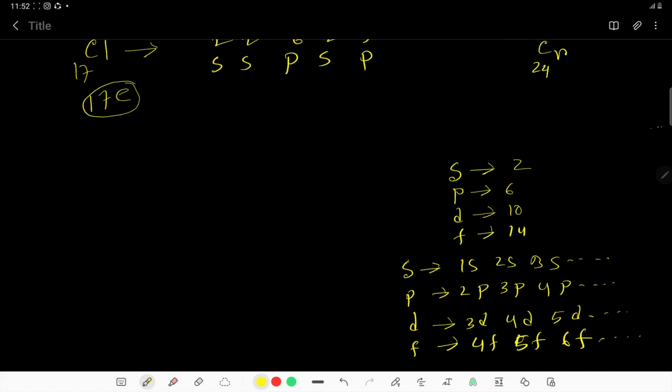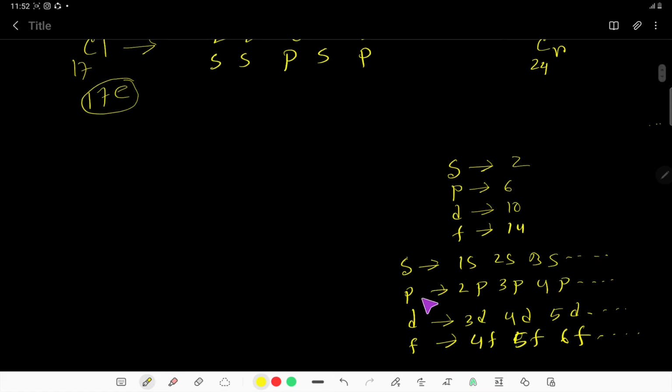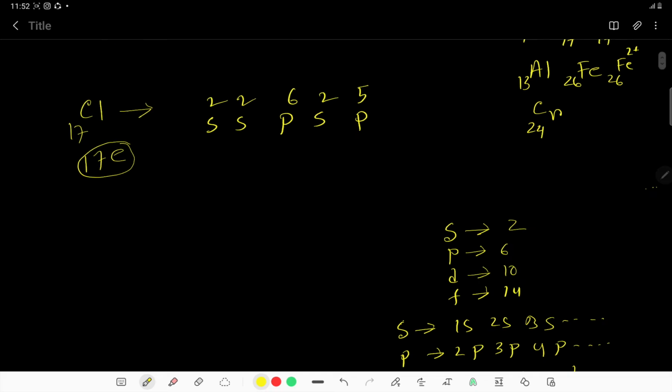You have to remember this: s starts from 1s, p starts from 2p, d starts from 3d, and f starts from 4f. So let us place the number before all s: 1s, 2s, 3s. Then p starts with 2p, then 3p. So this is the electron configuration of chlorine.